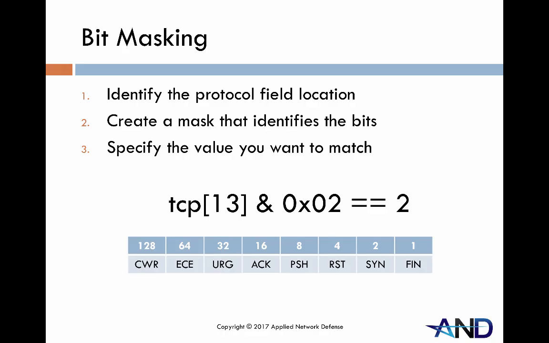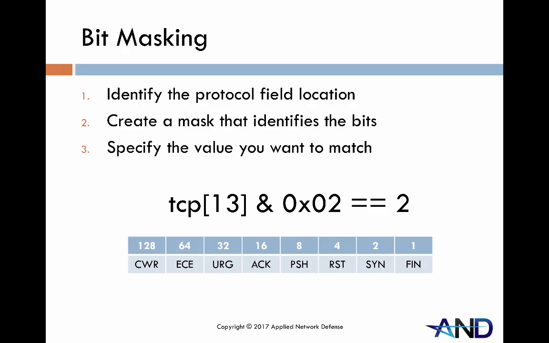It's the only one with a 1, and that's equivalent to hex 02. It's also equivalent to decimal 02 in this case, so we could have just put 2, but I like to list the bit mask in hex because it makes more sense in the examples we're going to show later. But in this case, the bit mask is 0x02, which says only care about the second position, and we want that to equal 2, decimal 2 in this case, because it is the second position.